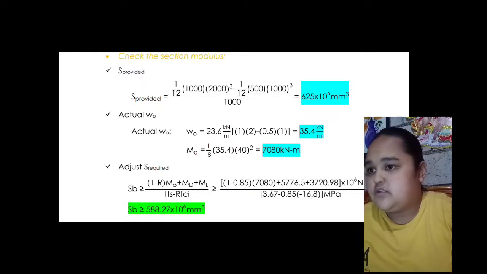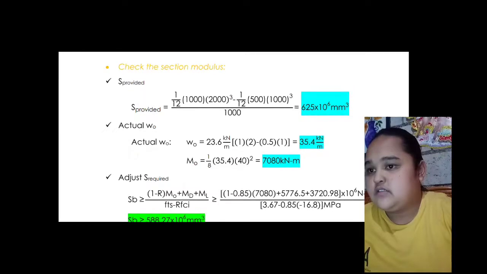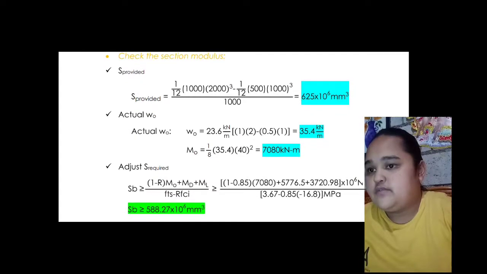Check the section modulus. S provided is 1 over 12 times 1,000 times 2,000 cube minus 1 over 12 times 500 times 1,000 cube, over 1,000, which is equal to 625 times 10 raised to 6 cubic millimeter.